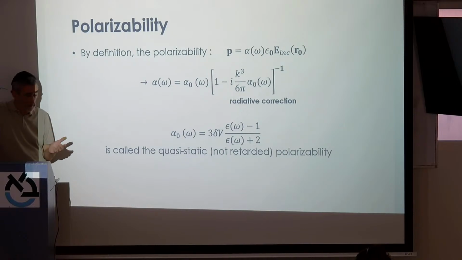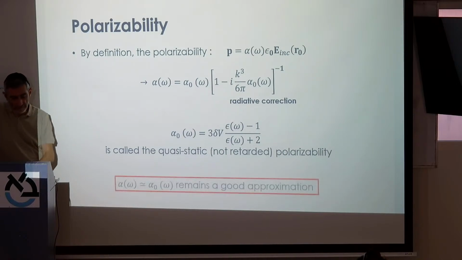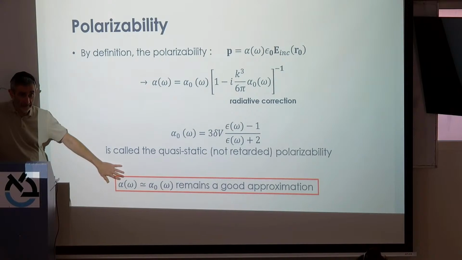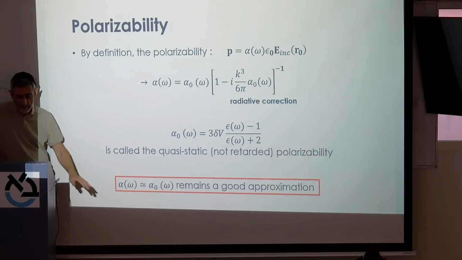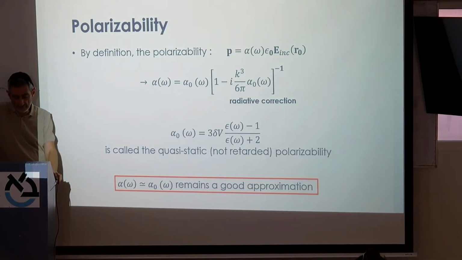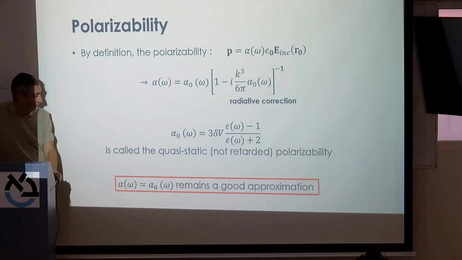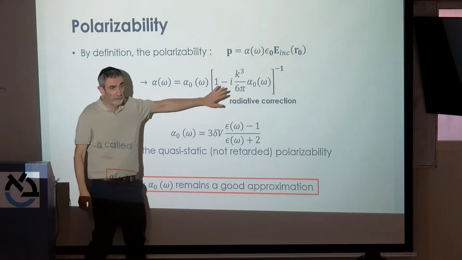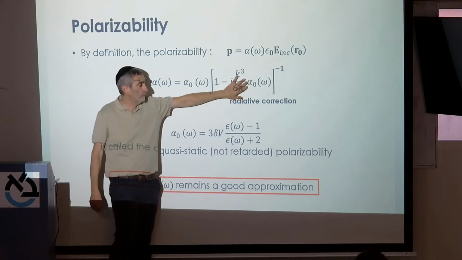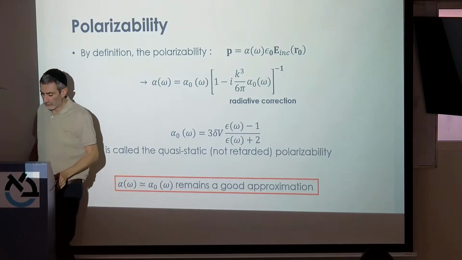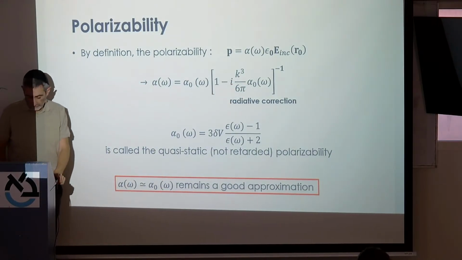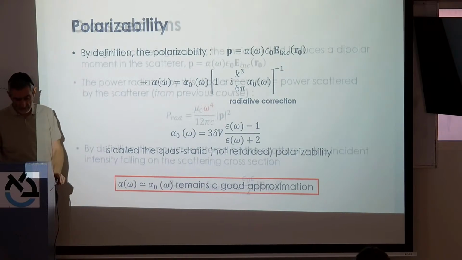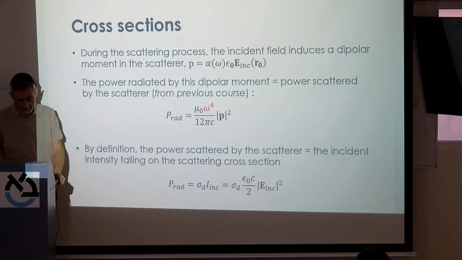Most of the time, alpha is approximated by alpha 0. But you have to be careful, because this term is necessary to conserve energy. If you remove this term, you lose conservation of energy. So we see how it occurs in the cross section. You remember the cross section?